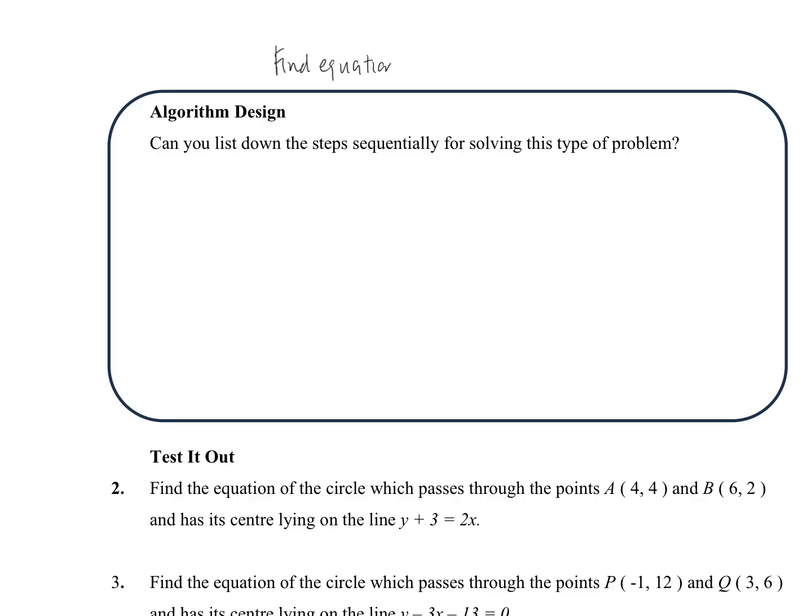So what's the first step? You are given two points on the circle and a line that passes through the center of the circle.